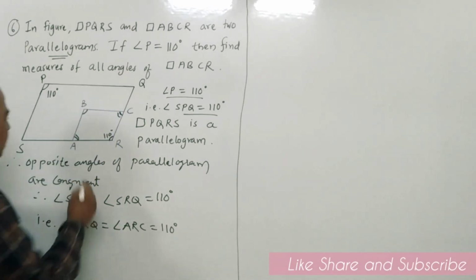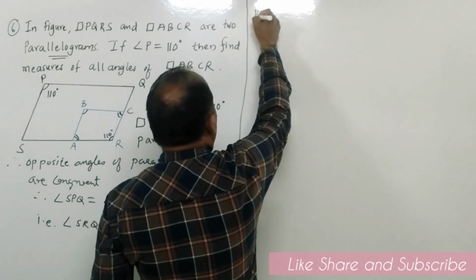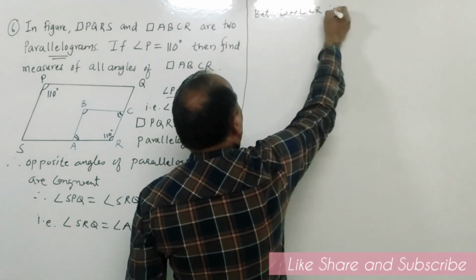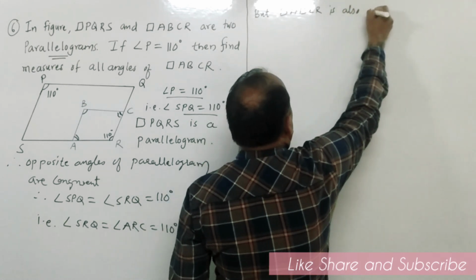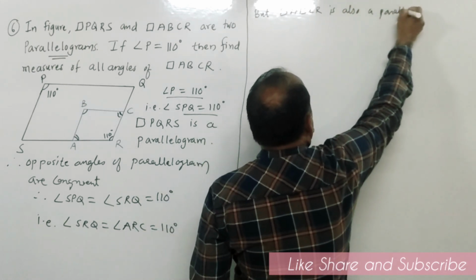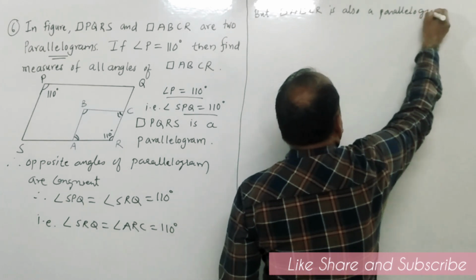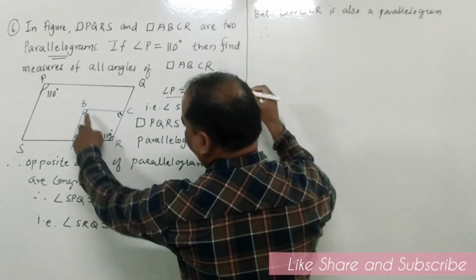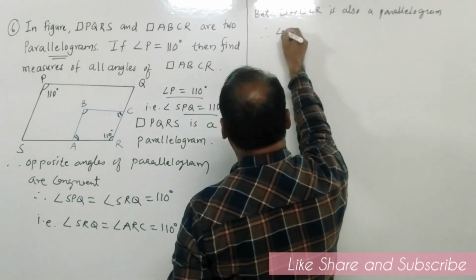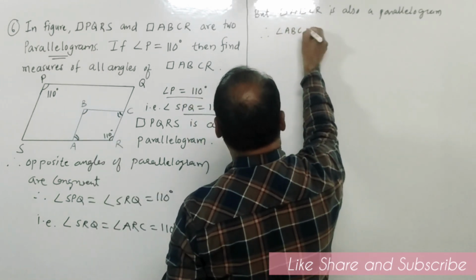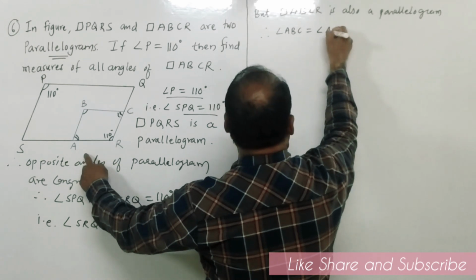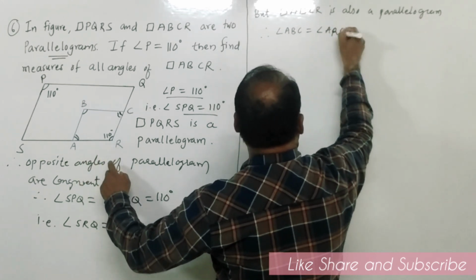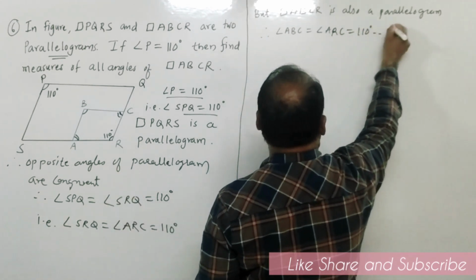Now, it is given that quadrilateral ABCR is also a parallelogram. Therefore, here also opposite angles are equal. Therefore, angle ABC is equal to angle ARC, which is equal to 110 degrees.